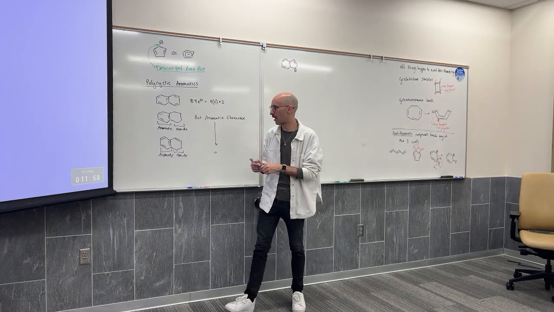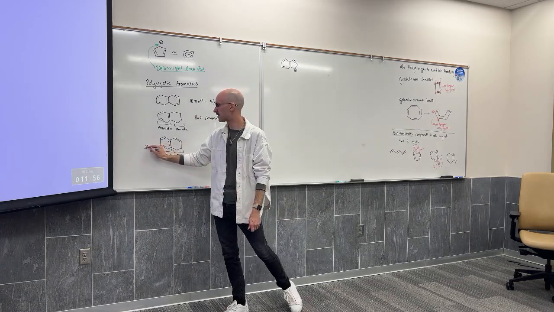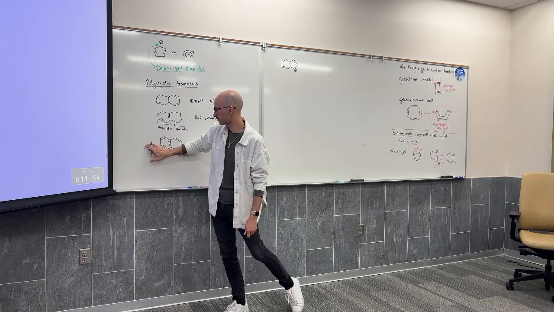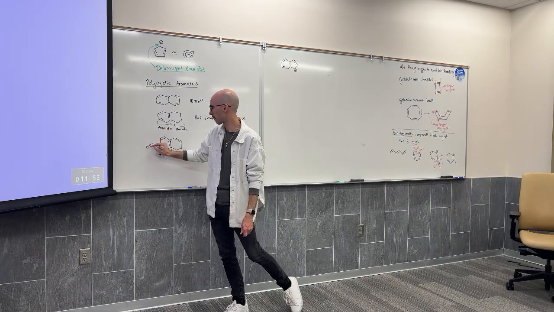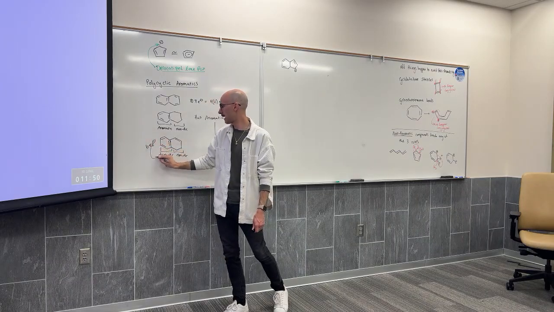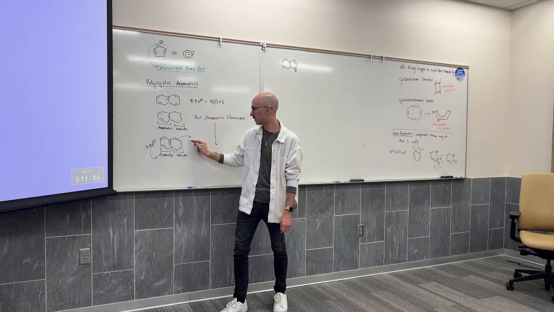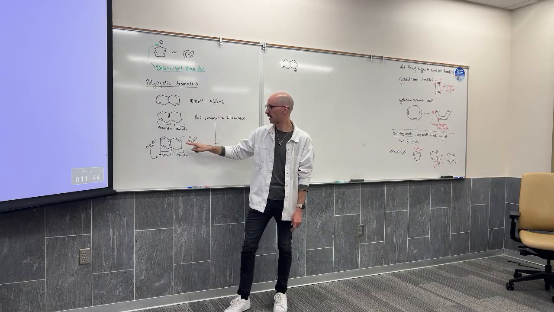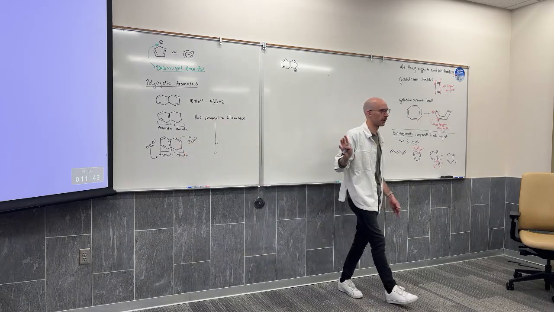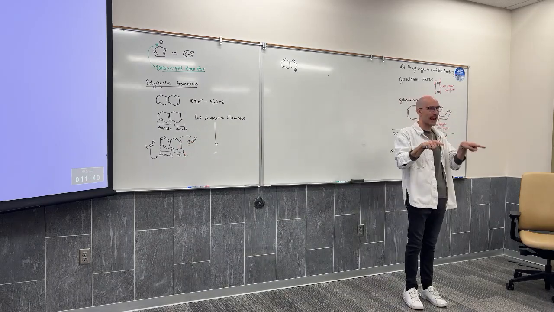Here we only counted those 6 pi electrons that made the left-hand ring aromatic, and we ignored the 2 pi electrons that were not within the aromatic portion.